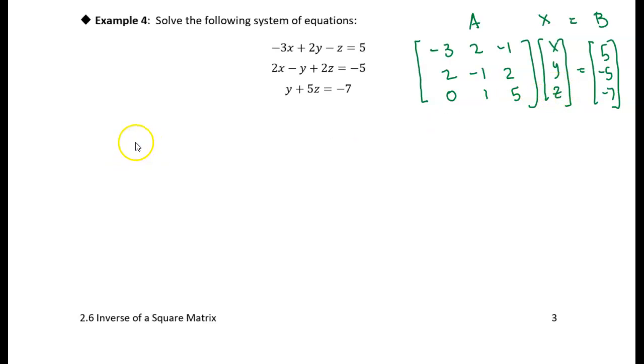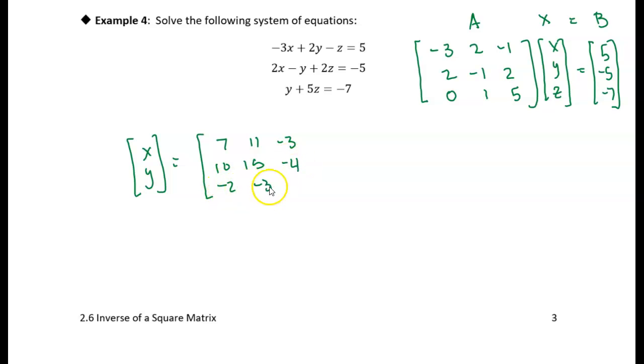So what we're going to do is take that X matrix, which is x, y, z, and that's going to be equal to A inverse times B. Now, A inverse is the matrix from example 2 that we verified. From example 2, we found that the inverse of this matrix A is 7, 11, -3, 10, 15, -4, -2, -3, 1.